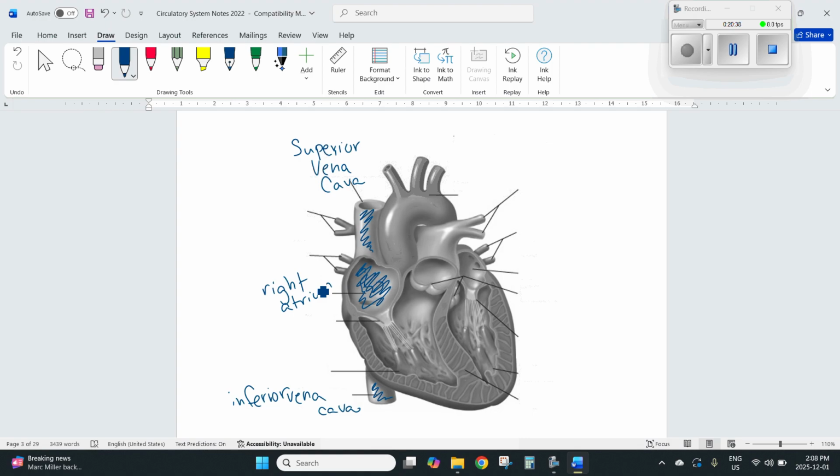The term atrium means receiving blood. So it is receiving blood from somewhere else. Blood is coming into the heart. This is known as a chamber, because you'll notice that it can fill with blood. There are actually only 4 chambers located within the heart.